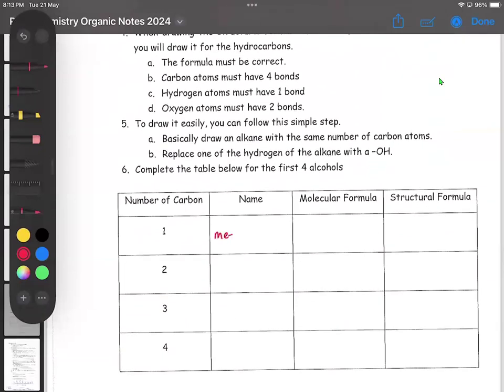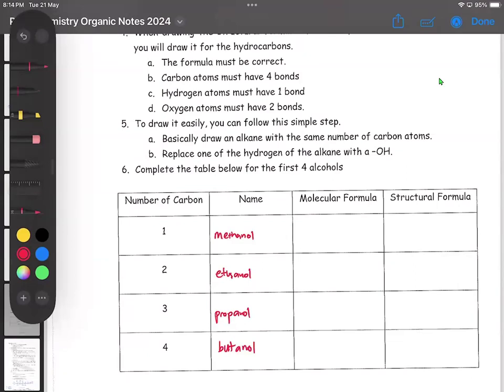So as we mentioned, first carbon, second carbon, third carbon, fourth carbon: meth, eth, prop, but. Because they are alcohols, we end with ANOL. Hence you have your usual ethanol, propanol, butanol. So that's for the naming.